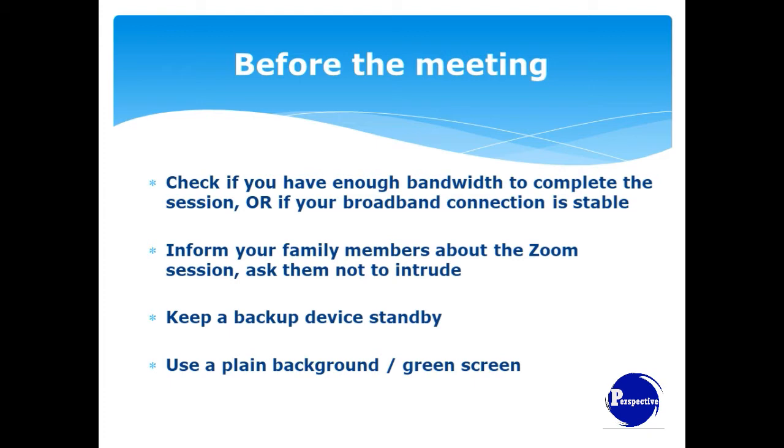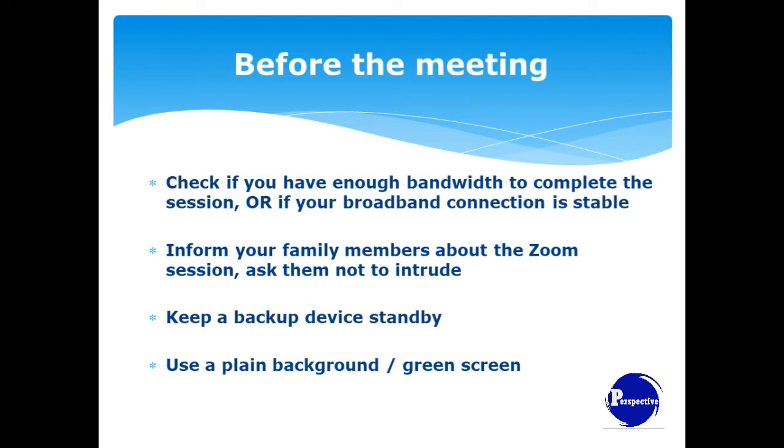The next thing is that, I've already told you about that. So the backup device, you have installed your Zoom to. So instead of just using one device, what you should do is to install Zoom on a backup device. Now what you have to do is to keep the backup device standby right next to you.